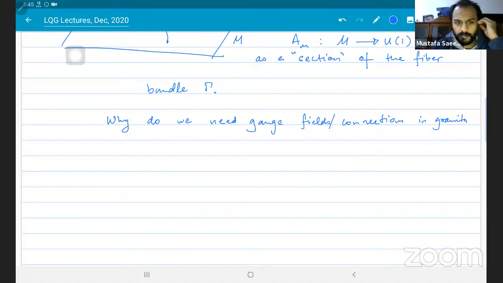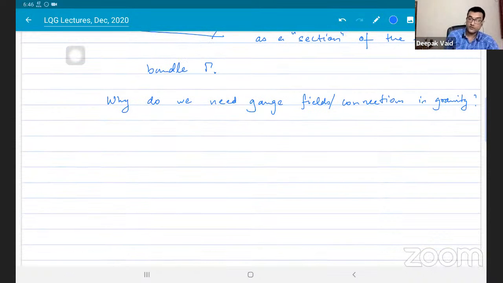Deepak, I had a question. We are perfectly fine talking about matter and curvature induced by matter and so on. What is the need for these gauge fields?